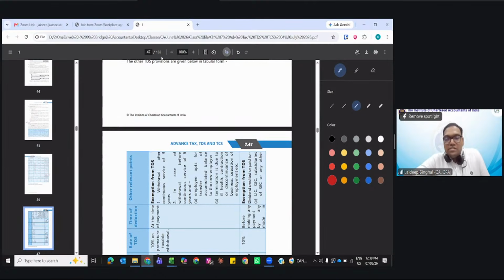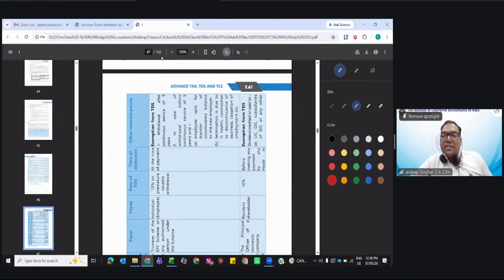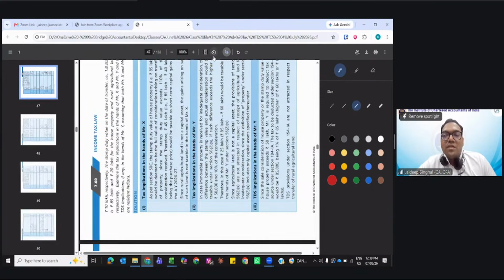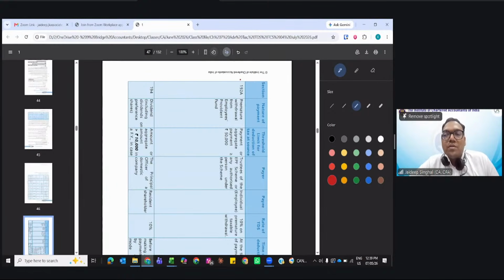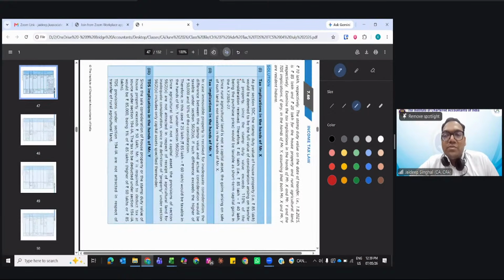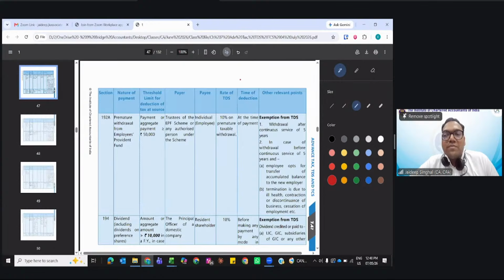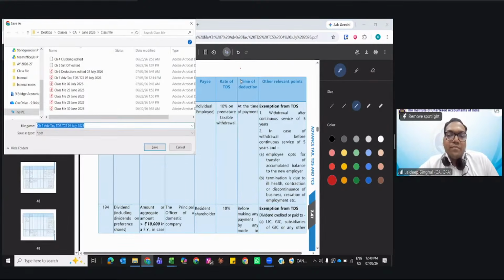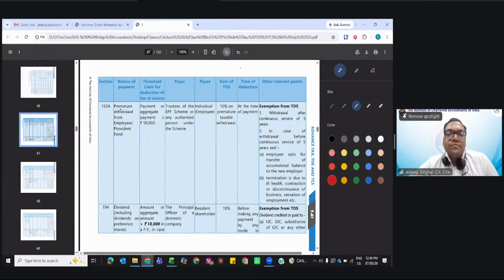What they have done is, for some of the sections, they have given summaries, and we need to cover them from the summaries. They have just given the basics: when it is applicable, when not applicable. They have not given all the details of these sections, but they have covered the important points. Let's see it.